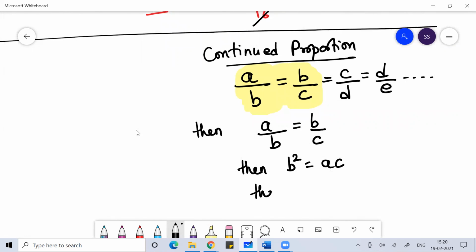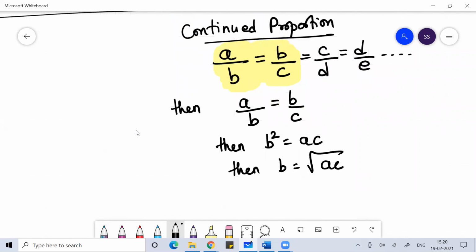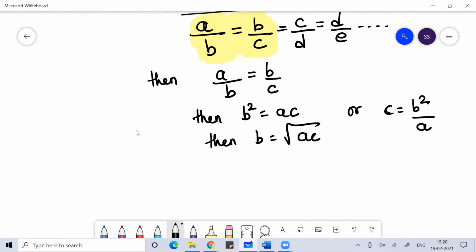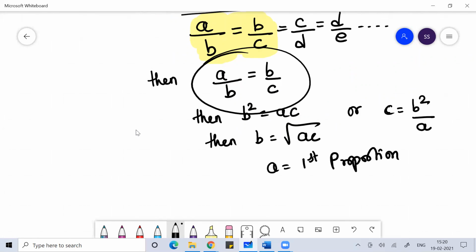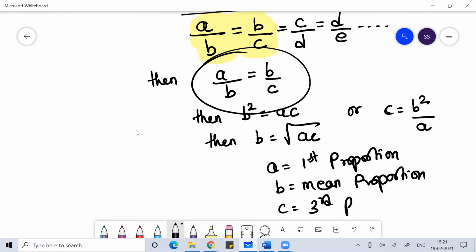So then I can say that B is equal to root of AC, or I can say that C is equal to B square by A. What you need to understand here, in this A, B, C: A is called the first proportion, B is called the mean proportion, and C is called the third proportion.